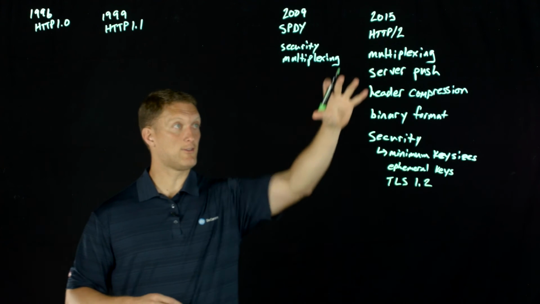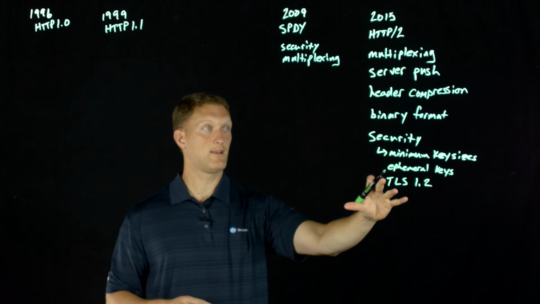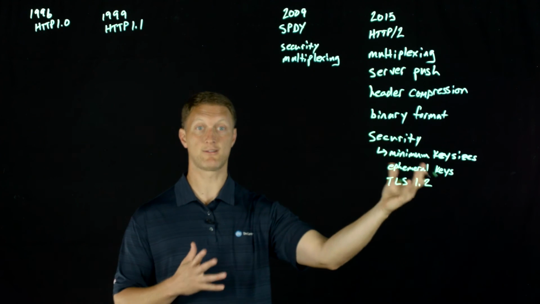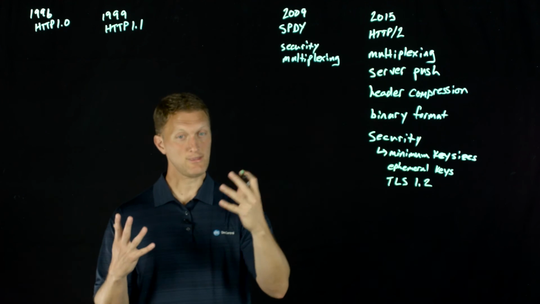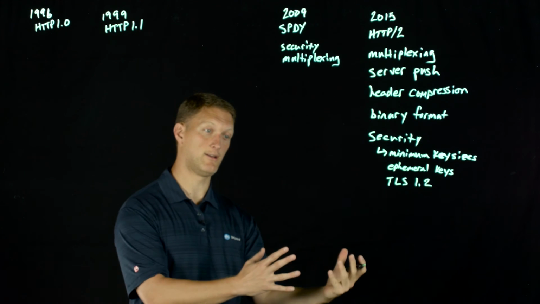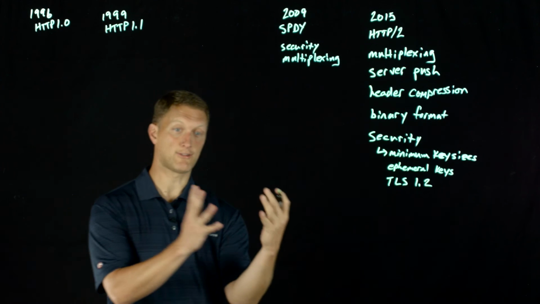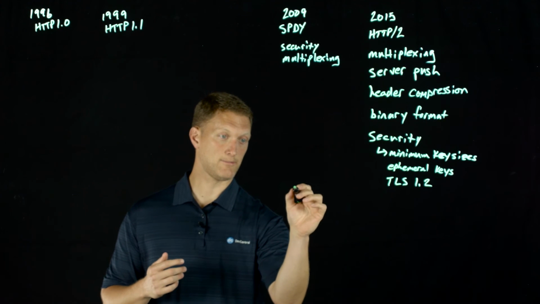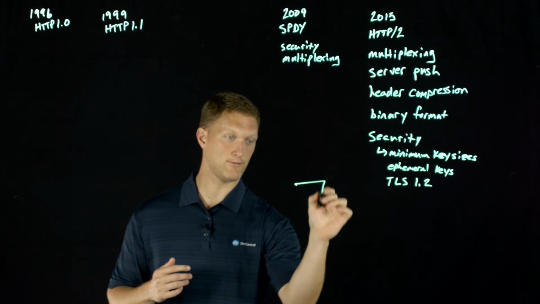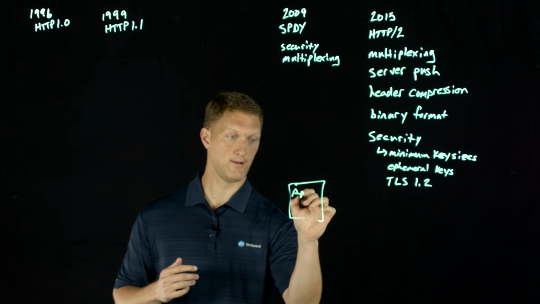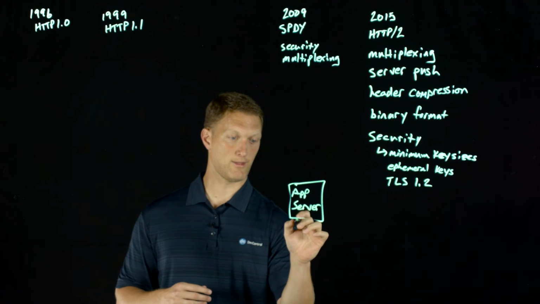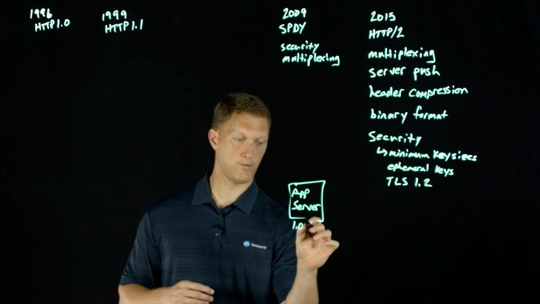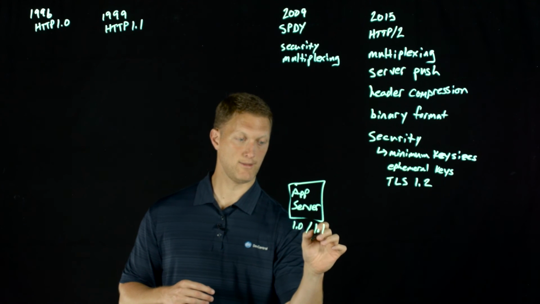So these are some interesting and really key components of HTTP2 that you can now utilize, and a lot of clients are starting to go that direction. But let's say you have a server. I'm going to put up my last little diagram here. Let's say you have your app server back here, and it only speaks 1.0 and 1.1, and that's it.